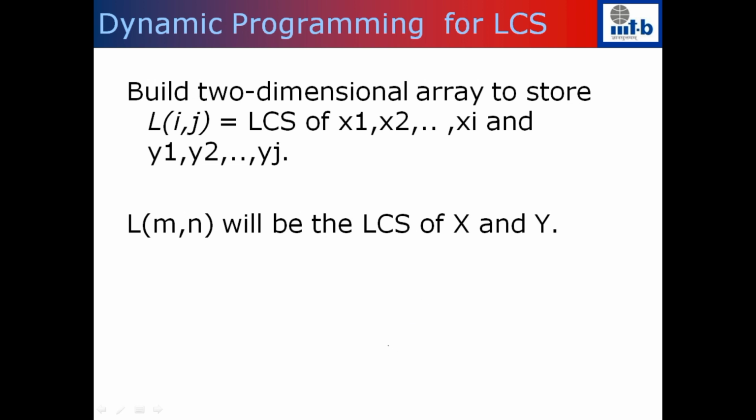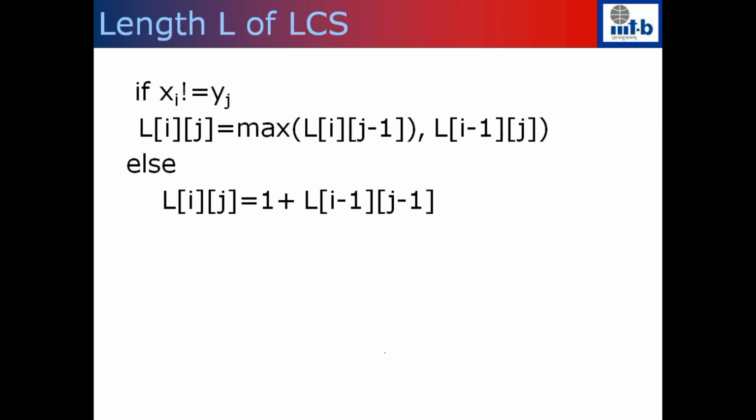So from the discussions we had so far, we can update L of i comma j as follows. We first check whether x of i is equal to y of j. If x of i is equal to y of j, then we know that L of i comma j will be 1 plus L of i minus 1 comma j minus 1, right?